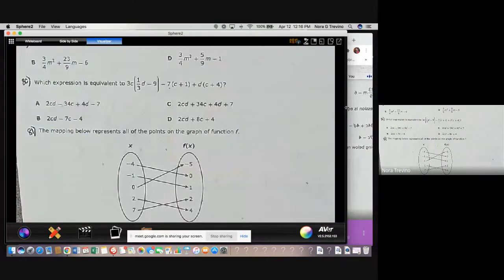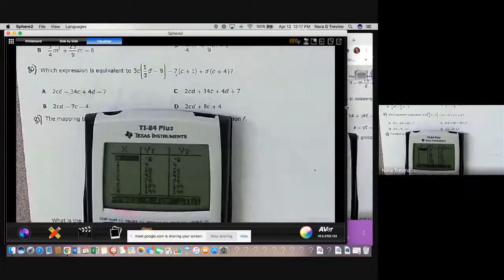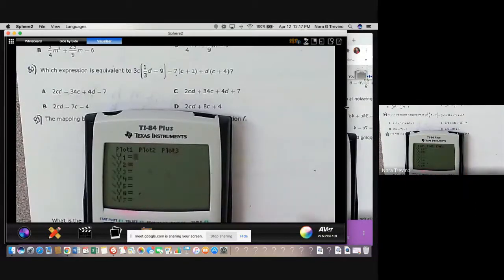The next one, same thing. Okay, so here we go. You're looking for something that is equivalent.